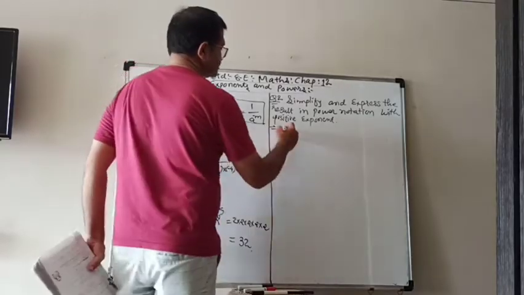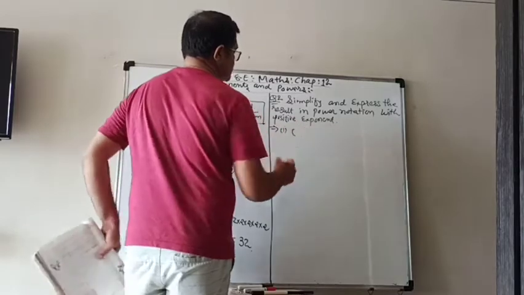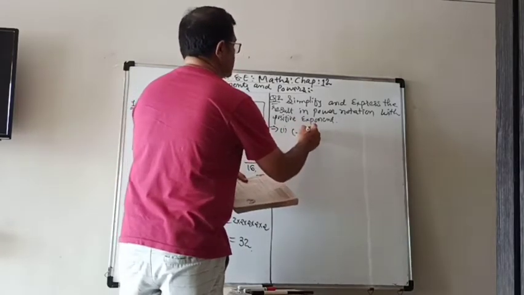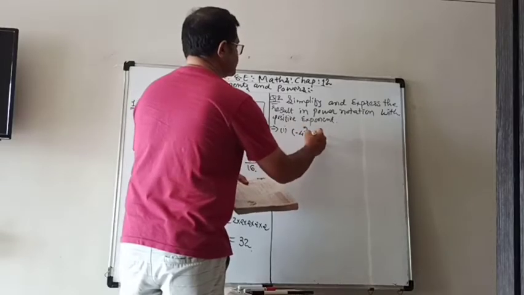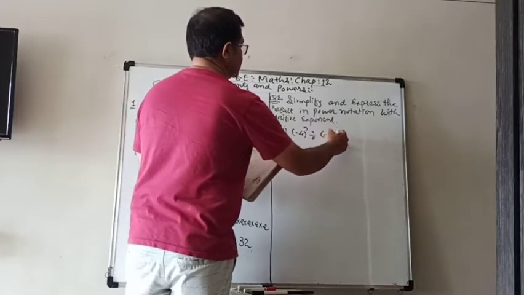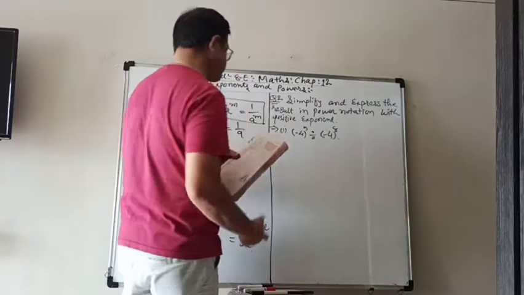First one is minus 4 power 5 divided by minus 4 raised to power 8.